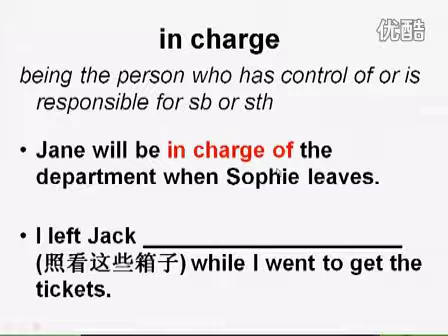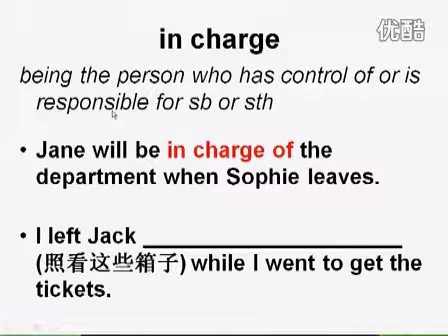Sophie leaves. Jane 会在 Sophie 不在的时候、离开的时候来管理、负责这个部门，right? So here, in charge means being the person who has control of or is responsible for something, right?